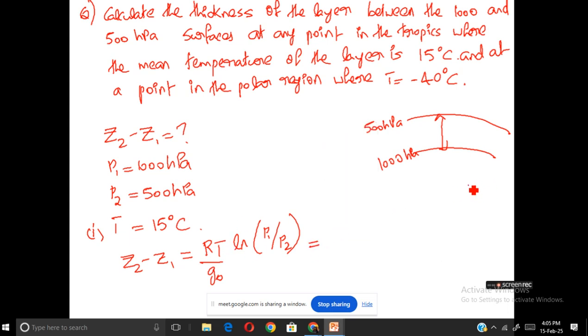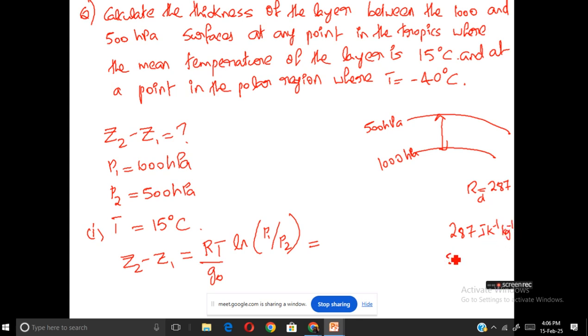Here the value of R is a specific gas constant, which is 287 in case of dry air. We will be using this instead of the universal gas constant 8.314. We discussed how we got this value of 287 in previous classes. It has a unit of joule Kelvin inverse kilogram inverse.